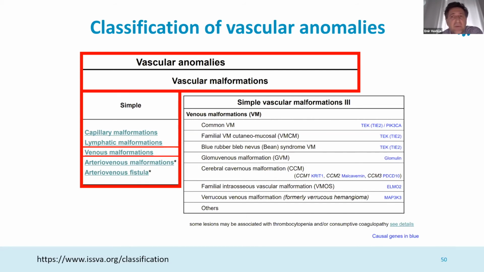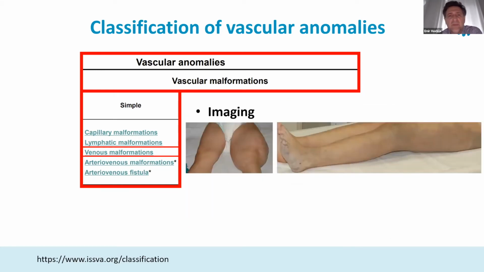Then you have a cerebral cavernous malformation, familial intraosseous vascular malformation, or a group of verrucous venous malformations, which were formerly classified into the verrucous hemangiomas. And of course, always the possibility to have other venous malformations which are not described in this table.